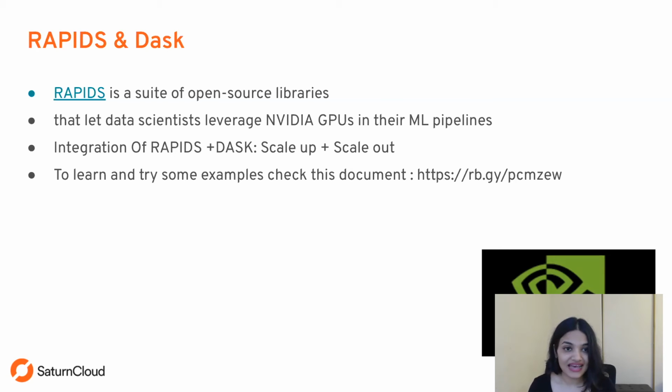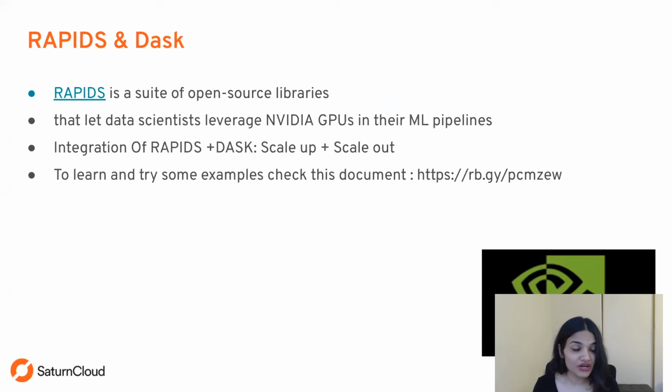Rapids has special packages whose API literally mirrors the API of these popular single node packages. For example, Rapids has a library known as CUDF. CUDF's API literally mirrors the API of pandas, meaning the syntax remains almost the same, but CUDF does its computations on GPU. That means you are scaling up.